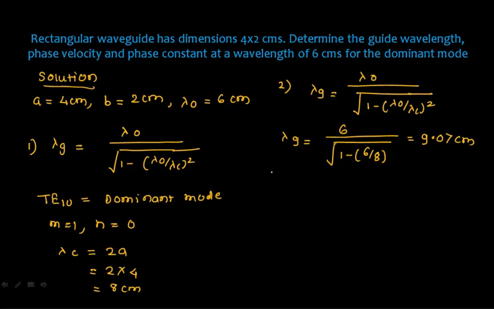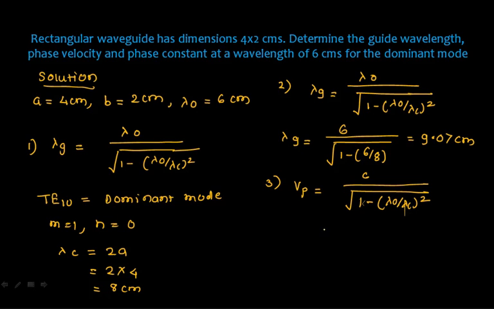The third thing they ask you to calculate is the phase velocity. So phase velocity is equal to c divided by the square root of 1 minus lambda 0 by lambda c, squared. If you put it in meters it will be okay, if you put it in centimeters it will be okay.